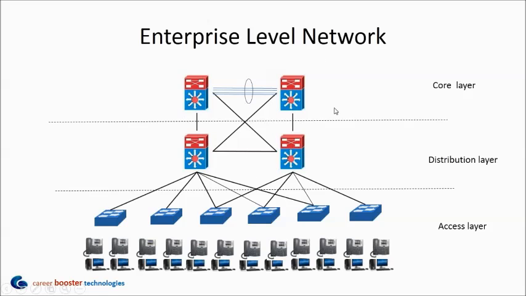Then you have a core layer where typically, in addition to the quality of service, the main function is performance, because that is where it aggregates everyone. All the traffic is aggregated to the core, and from the core it leaves to the external world. So here it won't be burdened with a lot of features, though it is capable of implementing a lot of features.